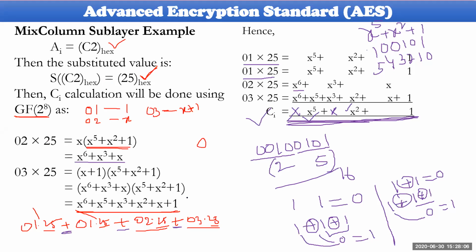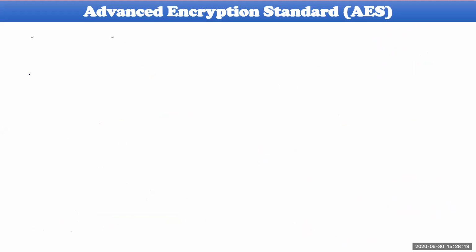Okay, like this you have to calculate the mix column sublayer. I'll take one more example tomorrow, because I don't have time to prepare. The key addition layer is not there, because yesterday and today I'm fully busy looking after the projects of your seniors, so I don't have the time to prepare this.